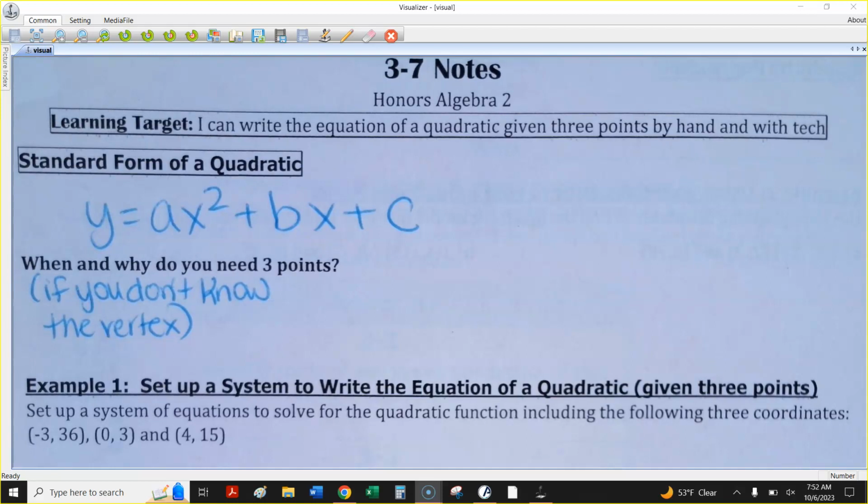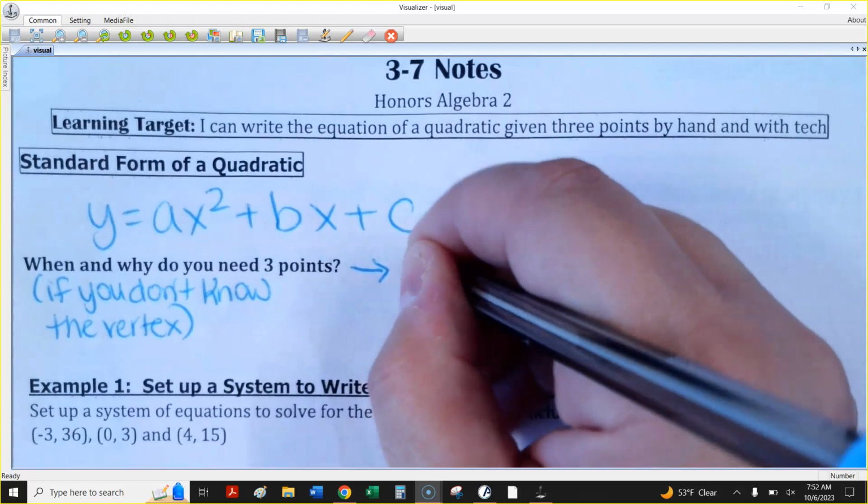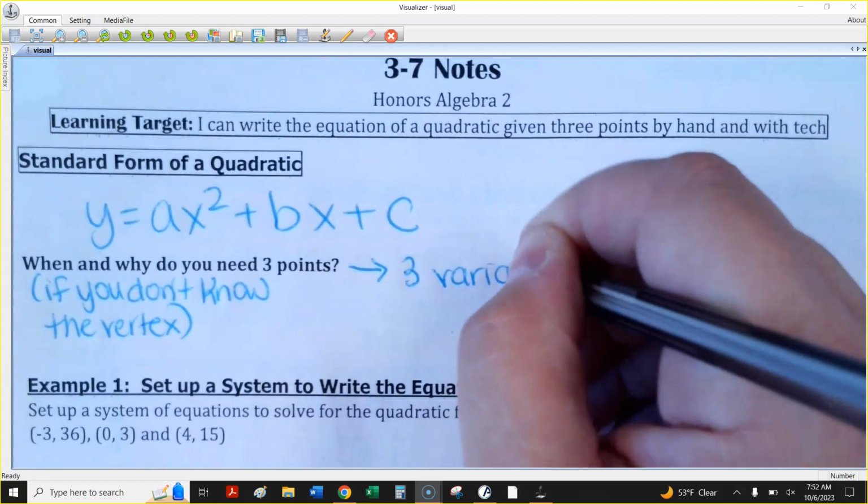If you have a vertex and a point, you could use the vertex form like we did a couple days ago. But if I don't know the vertex or they don't tell me I have the vertex, then you need 3 points. And the reason you need 3 points is because you have 3 variables that you're going to solve for.